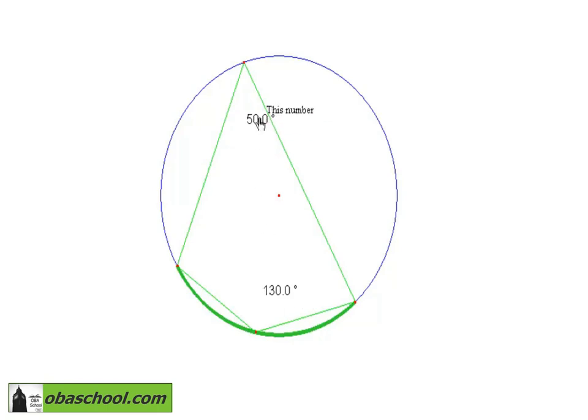What we can see here is that opposite angles in a cyclic quadrilateral add to 180 degrees. And by the same argument, it must happen for these two angles as well.